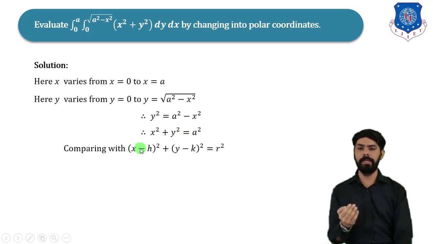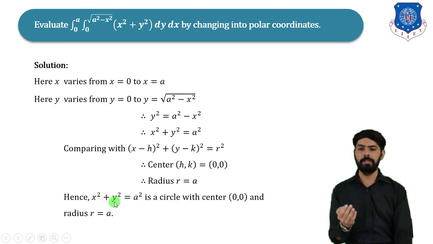Now comparing this with x minus h whole square plus y minus k whole square is equal to r square, we will get center, that is h, k is equal to 0, 0. Then radius r is equal to a. Therefore we can say that x square plus y square is equal to a square is a circle with center 0, 0 and radius r is equal to a.